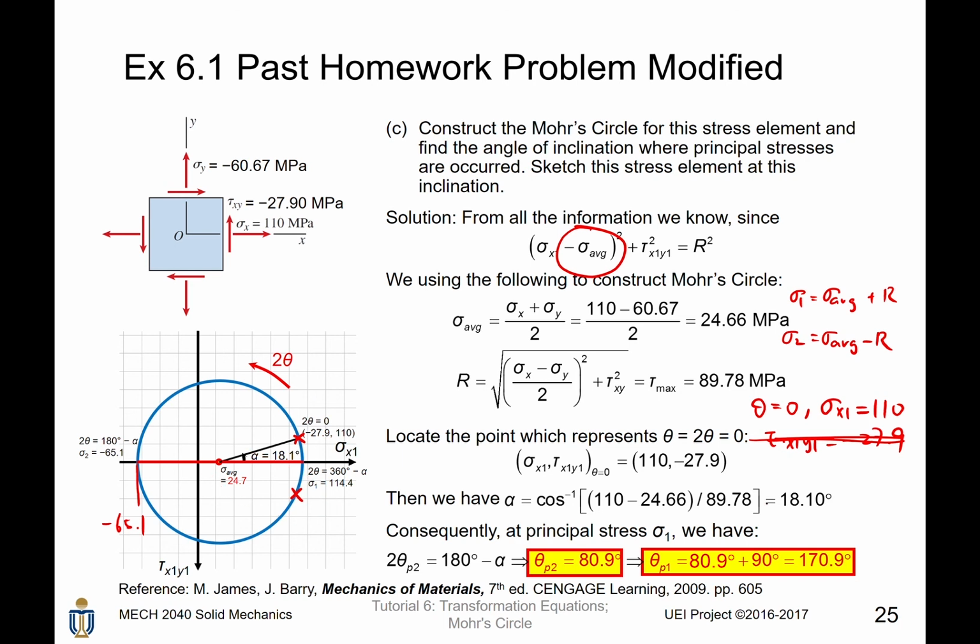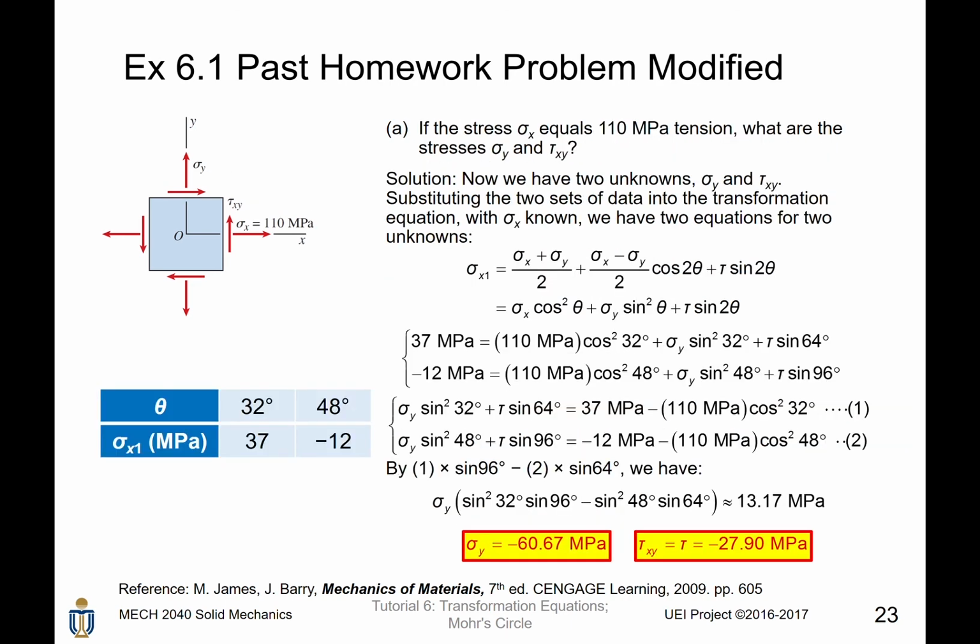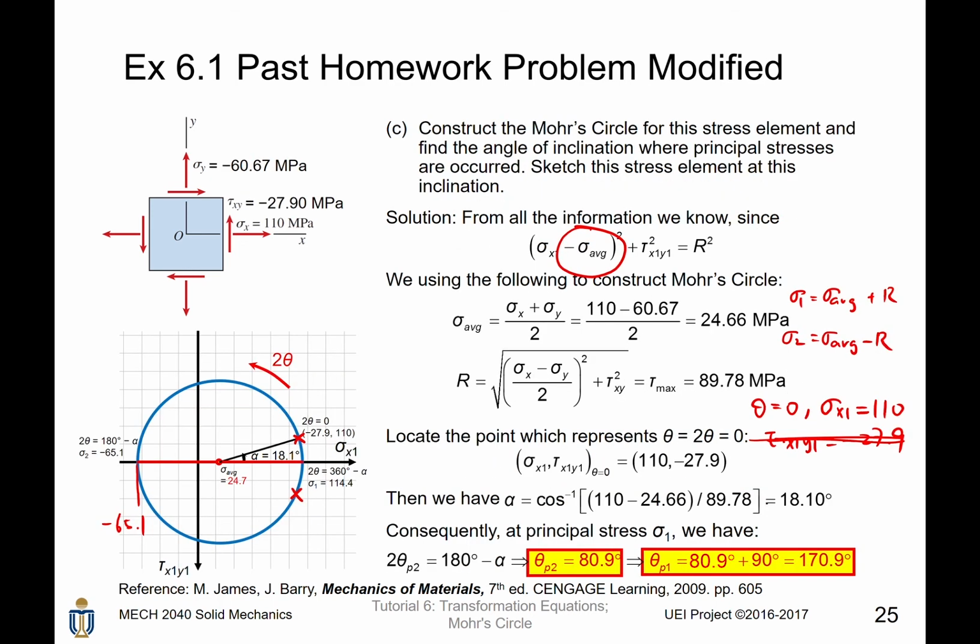The reason is that apart from considering the 110 million pascal direct stress, we also consider the two given conditions, which is at 32 degrees, the direct stress is given by 37 million pascal, while at 48 degrees, the direct stress is negative 12. So let's consider those two cases to see which one is correct.